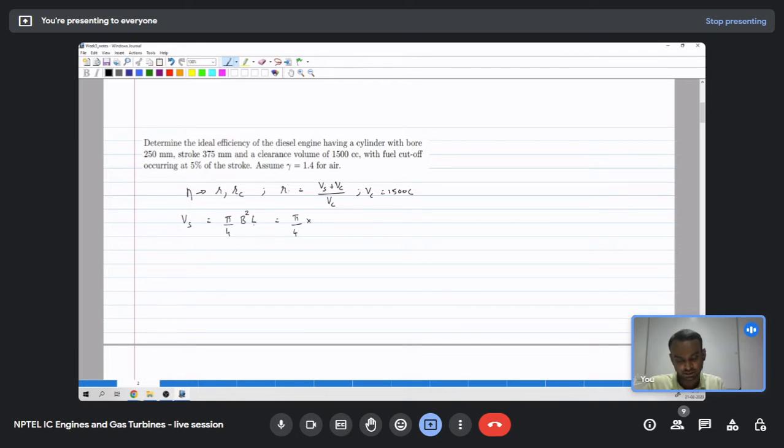Since the clearance volume is given in cc, it's better to have the lengths in centimeters so that we get the stroke volume also in cubic centimeters. Now for the bore we have 25 centimeters, which is 250 mm, and square of it, and then we have stroke as 375 mm, which is 37.5 centimeters.